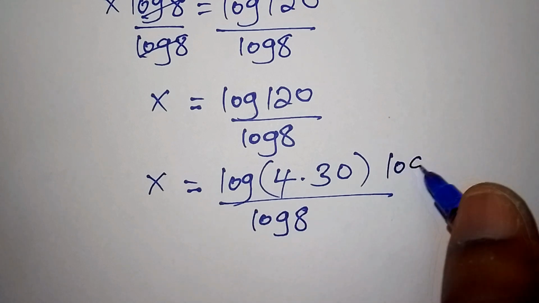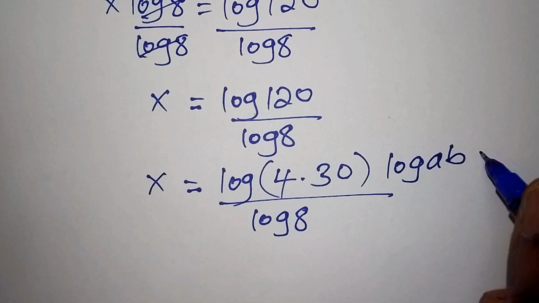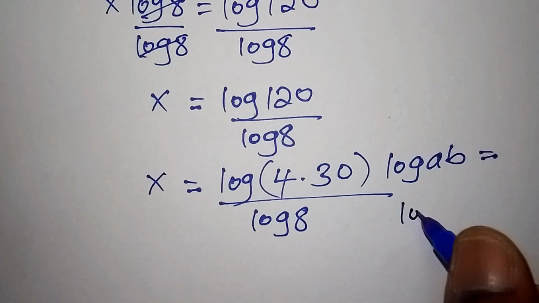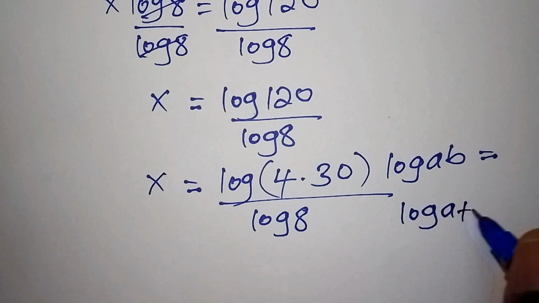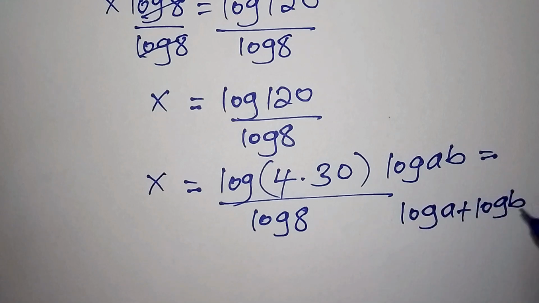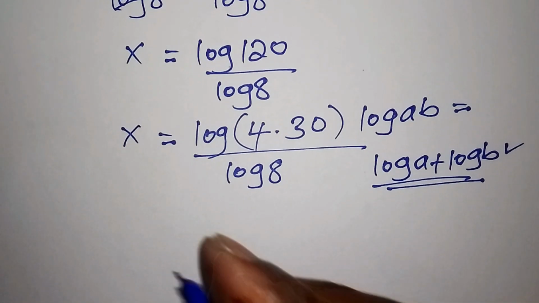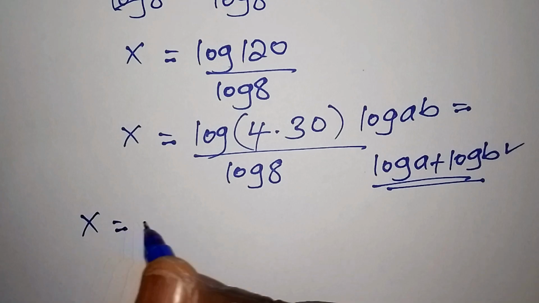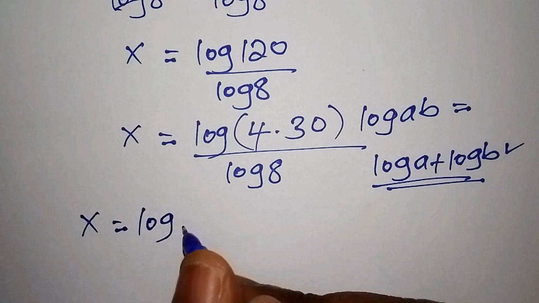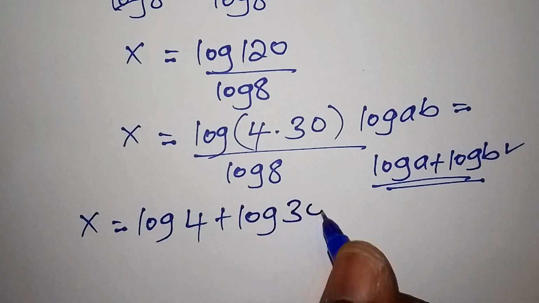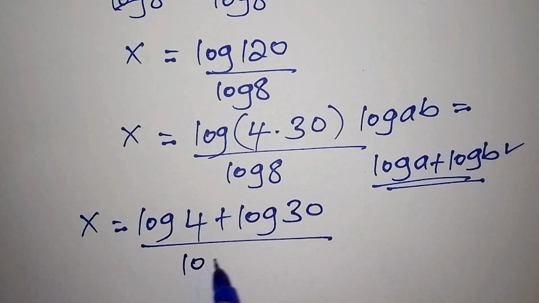Assuming that we have the log of a multiplied by b, according to the law of logarithms, this can be written as the log of a plus the log of b. So now x is equal to the log of 4 plus the log of 30, all over the log of 8.